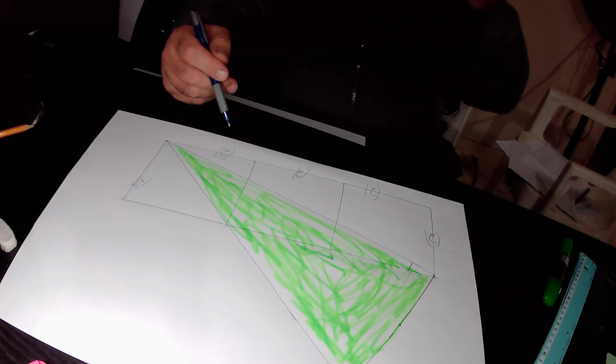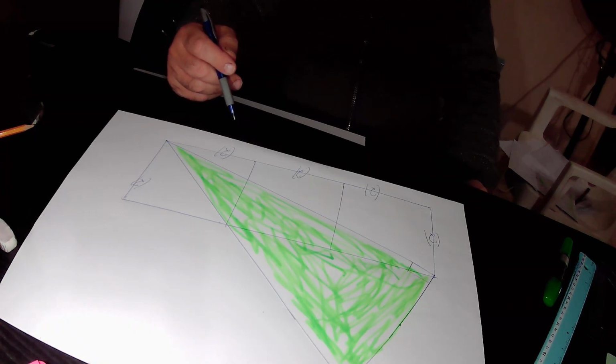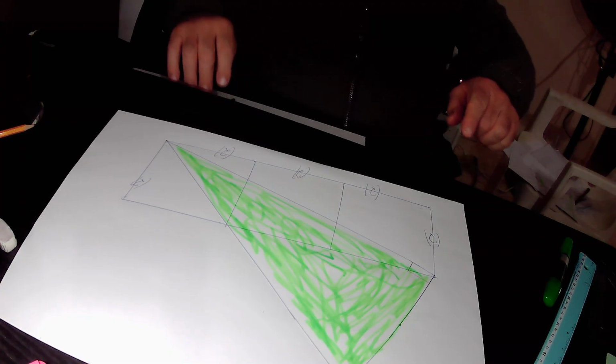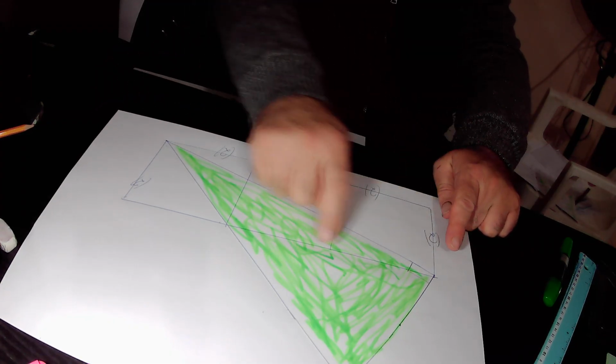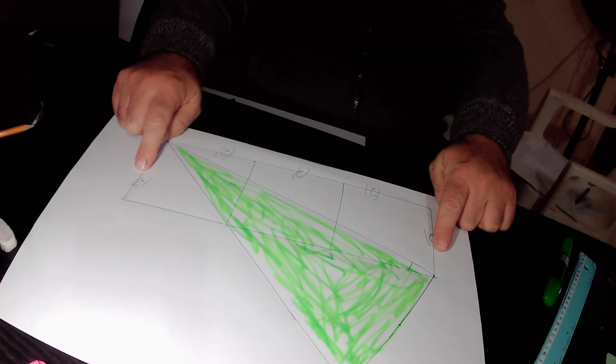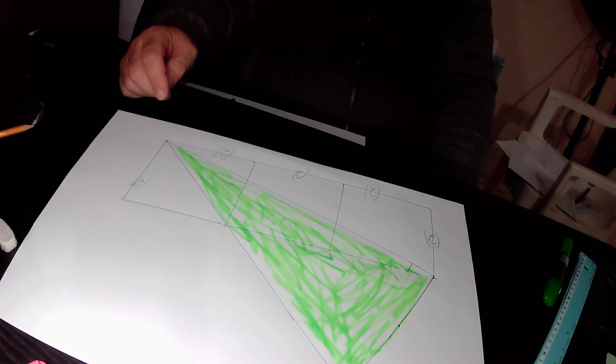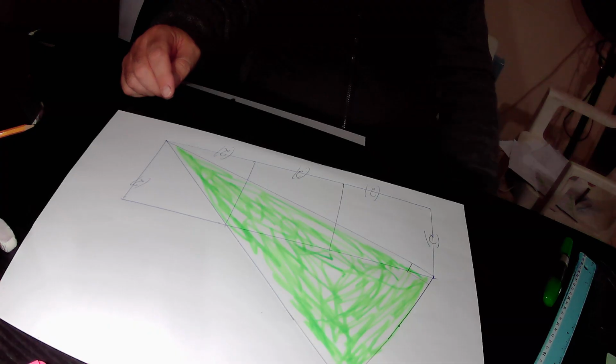We also know that the opposite sides of a rectangle are equal to each other and parallel to each other. So in this big rectangle, those two opposite sides are parallel to each other. And if you extend two parallel sides by a straight line, the extended sides must also be parallel to each other.